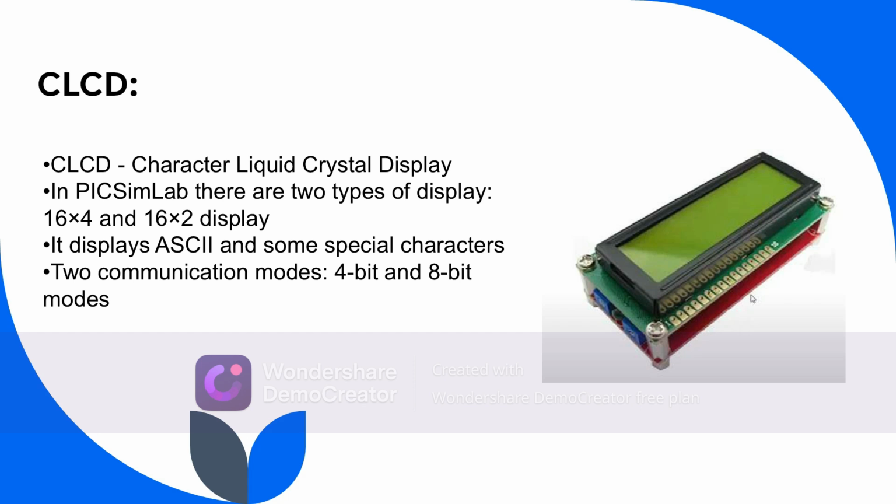For this project we will be using the 16 cross 4 display because we need at least 3 or 4 lines in order to display our various program modes. What is its function? It displays ASCII and some special characters. And there are two communication modes, that is 4-bit and 8-bit modes.